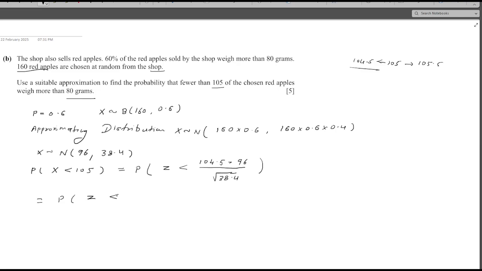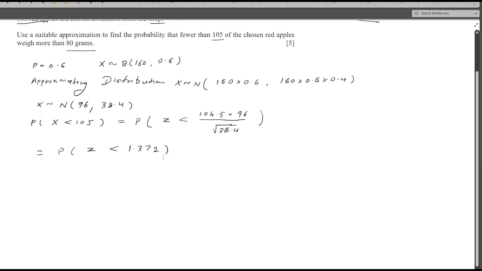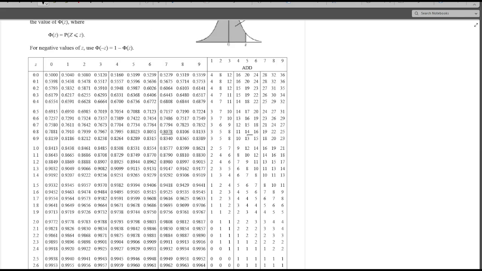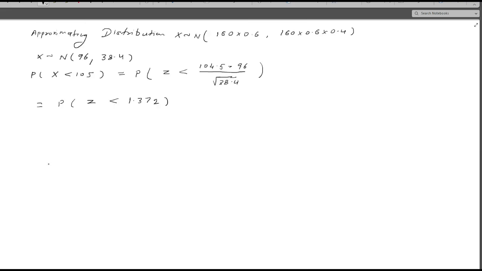The result is 1.372. Z is less than 1.372. Probability of Z less than 1.372. Again, we will see this table, and here 1.37, this value, and 2 mean difference is 3, so 0.9149.